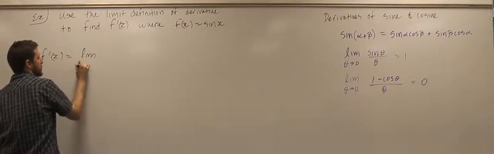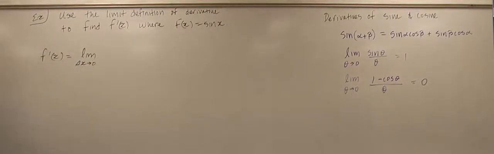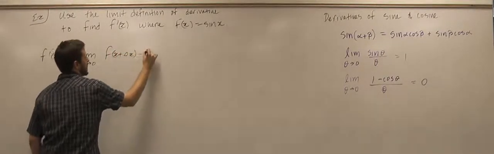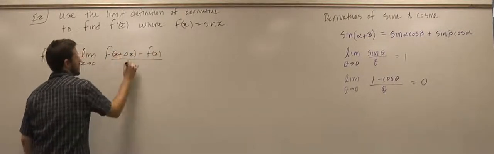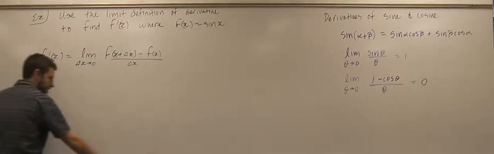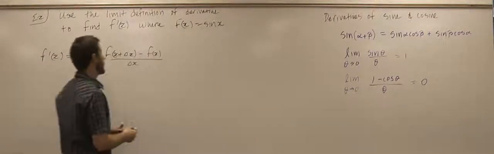Limit as delta x goes to 0, right? We just apply our limit definition: f of x plus delta x minus f of x. So when we plug in our x plus delta x, what are we plugging it into?